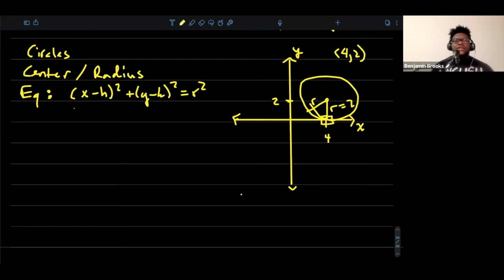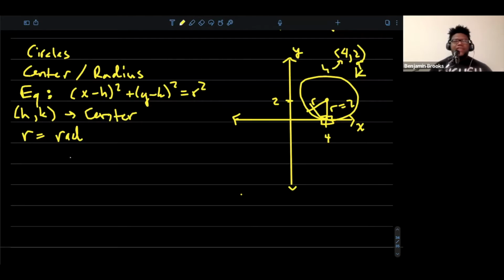All right. So as we know, h, k represents the center point. It's the center. And r is going to be representative of your radius. So in this case, your h value would be 4, and your k value would be 2.